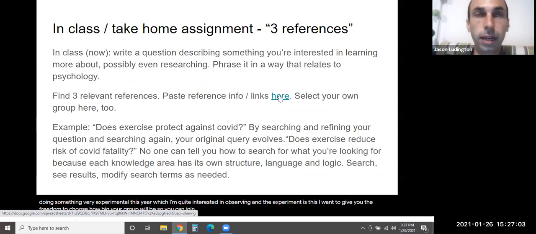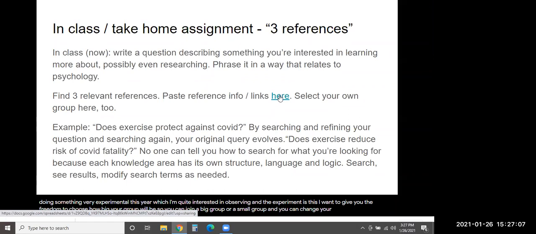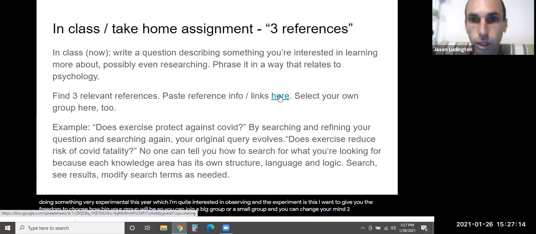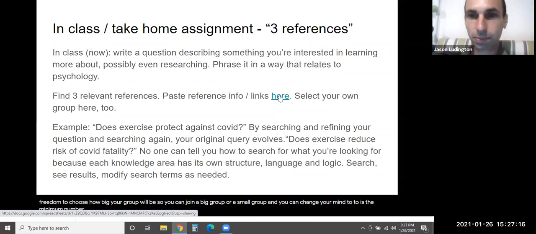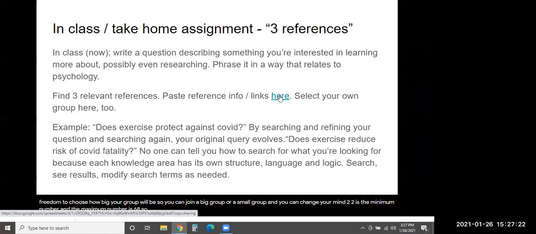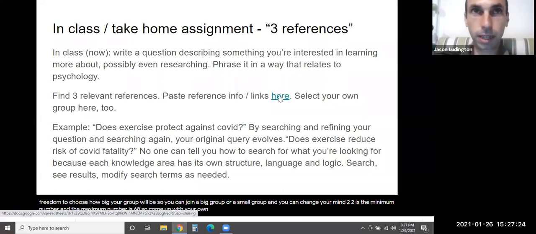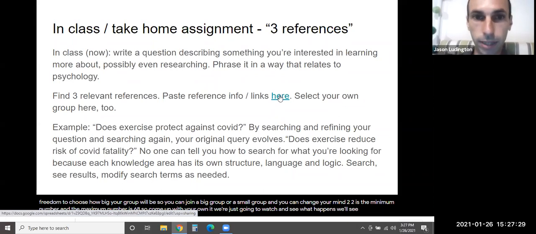So you can join a big group or a small group, and you can change your mind. Is there a minimum number of people, like 2 plus, 3 plus? Yes, 2. 2 is the minimum number. And the maximum number is 68. So come up with your own. We're just gonna watch and see what happens. We'll see how this evolves because I have no idea what's gonna happen.